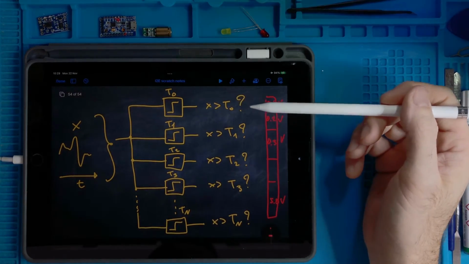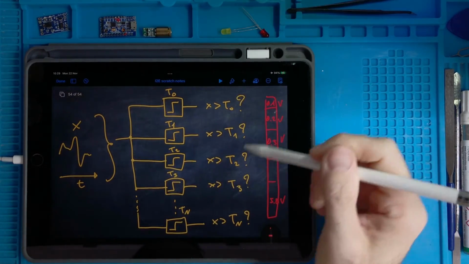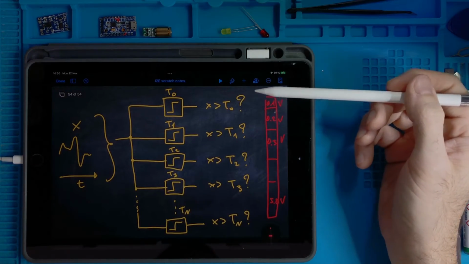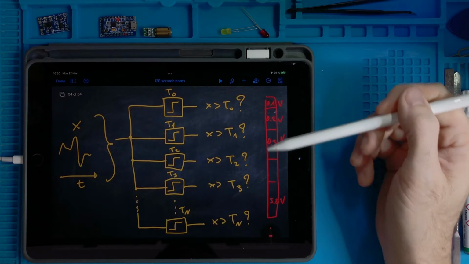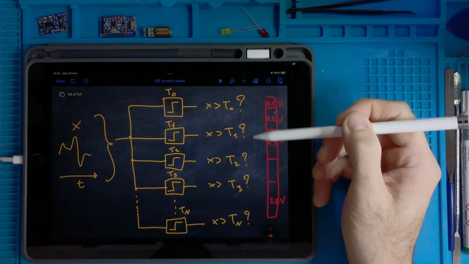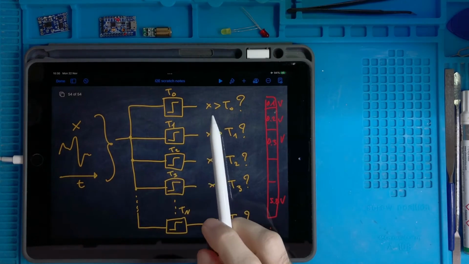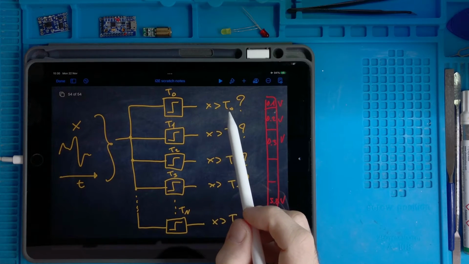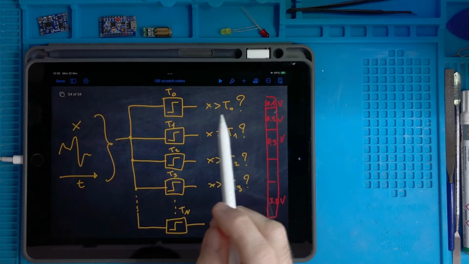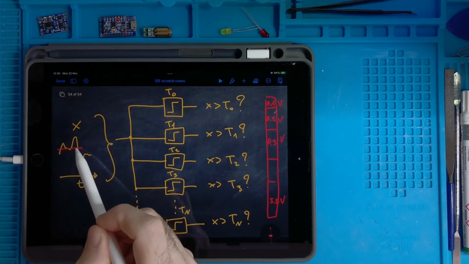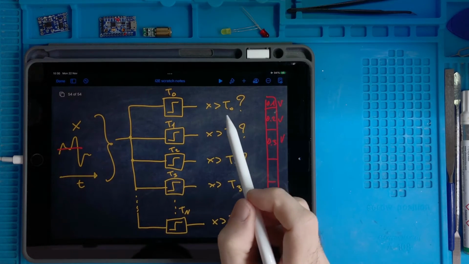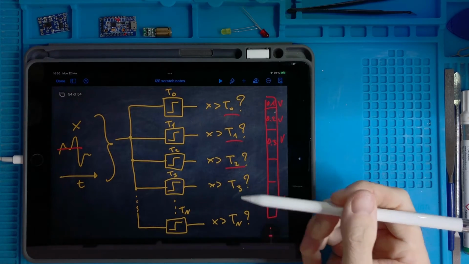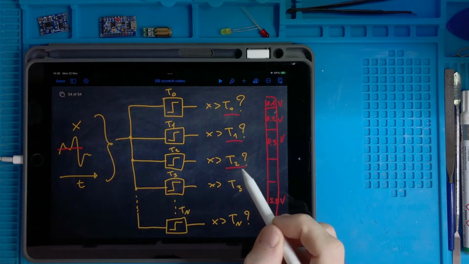And now it's easy to have a binary representation of this signal, because if all those outputs are 0, it means that for sure the signal is 0, or let's say it's below the first threshold. If the signal reaches a point for which it surpasses this threshold, but not all the others, it means that the signal now is at this level.